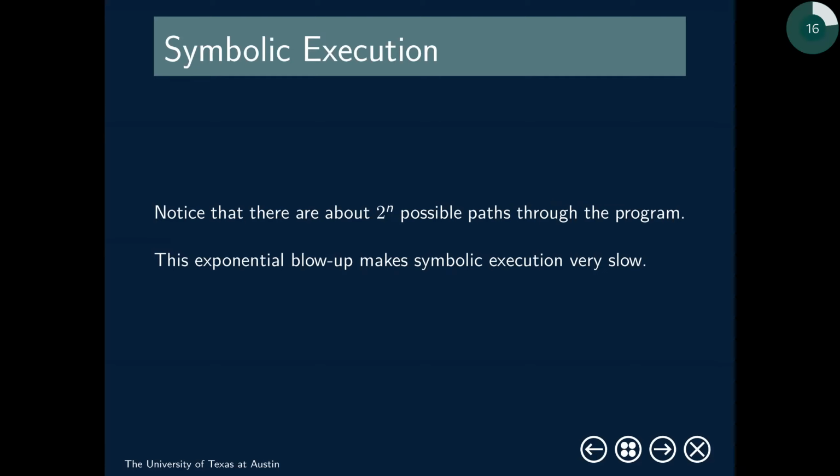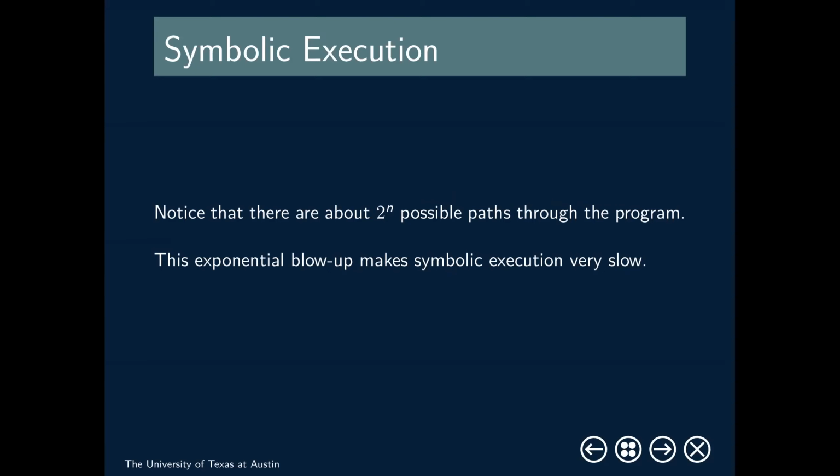So you might notice that every time we go through a basic block, we split into two new states, right? So we're going to get an exponential number of states that we need to keep track of as we traverse the control flow graph.